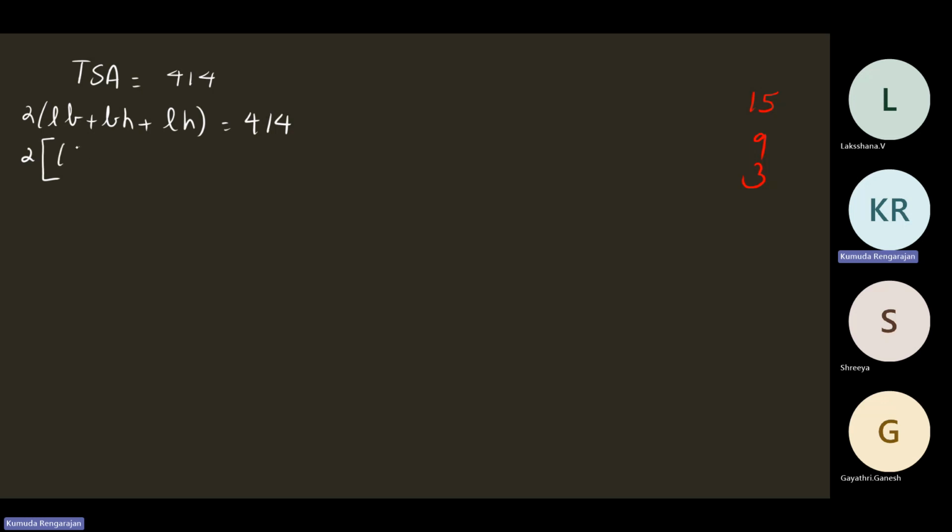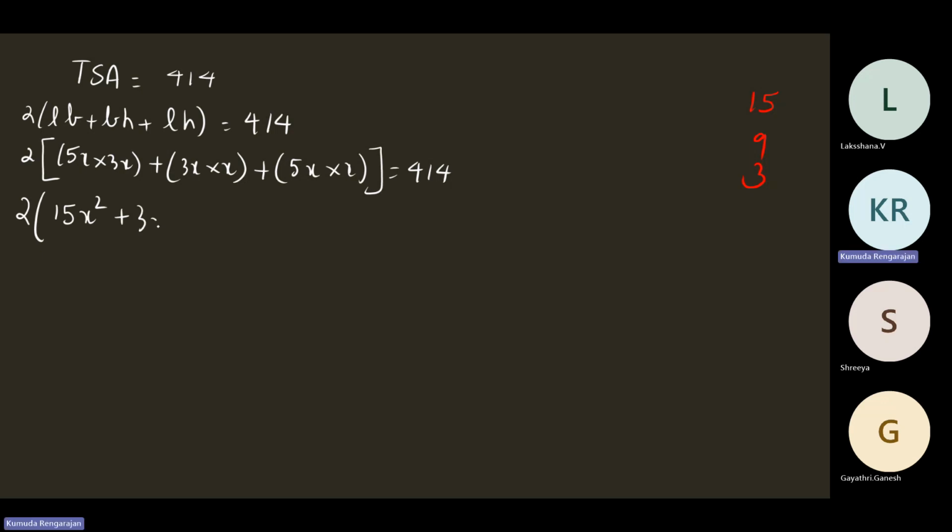So 5x into 3x, then plus 3x into x plus 5x into x is equal to 414. Then 2 of 5 3s are 15 x into x, 3x square plus 5x square is equal to 414.